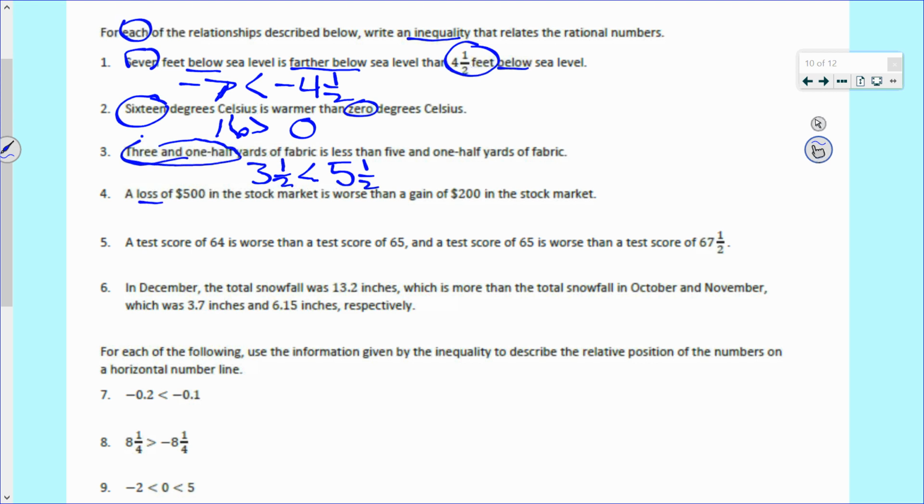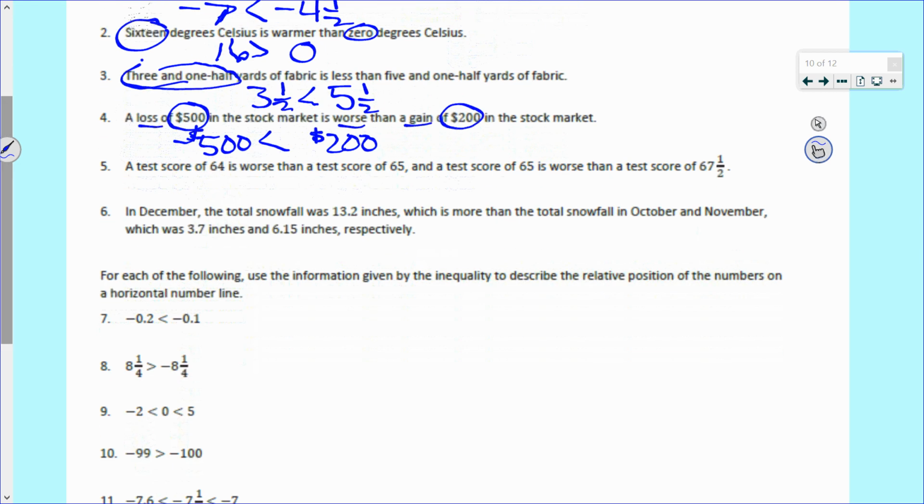A loss of $500, what integer would represent that? Negative 500. That would really be bad. It is worse than a gain of 200. A gain of 200 would be represented by 200. What symbol goes in between them? Less than.